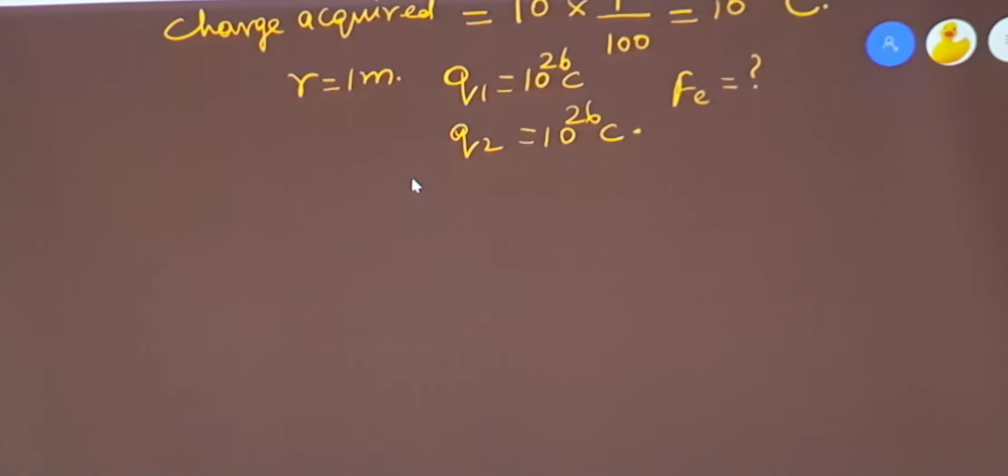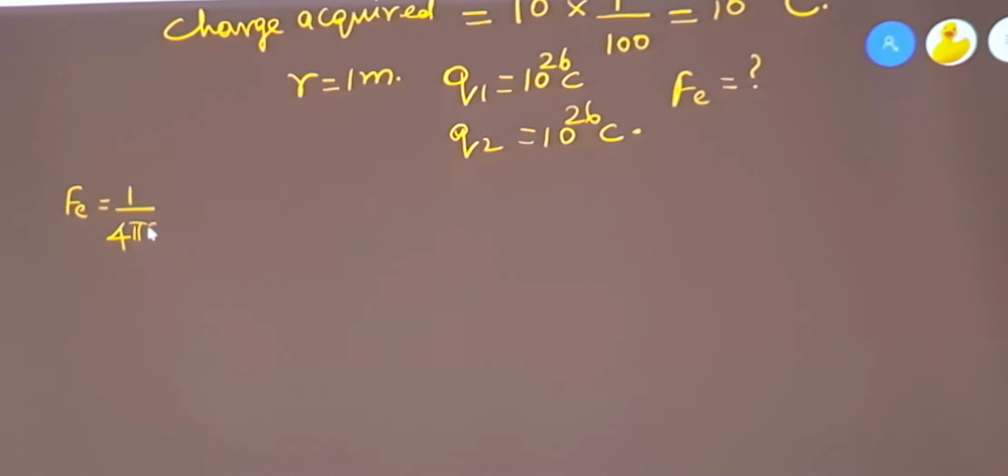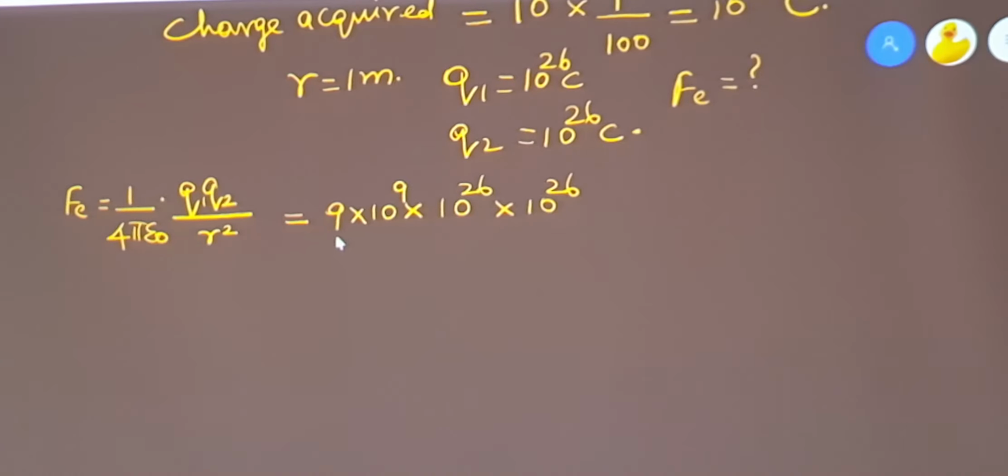So let us write the formula first of all. The electrostatic force is given by the formula F_E equal to 1 divided by 4 pi epsilon 0 into Q1 into Q2 divided by R square. You know these values, isn't it? Substitute. What is 1 by 4 pi epsilon 0? It is 9 into 10 to the power of 9 into, what is Q1? 10 power 26. What is Q2? Again 10 to the power of 26.